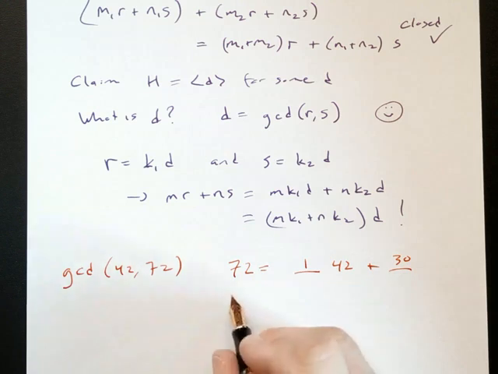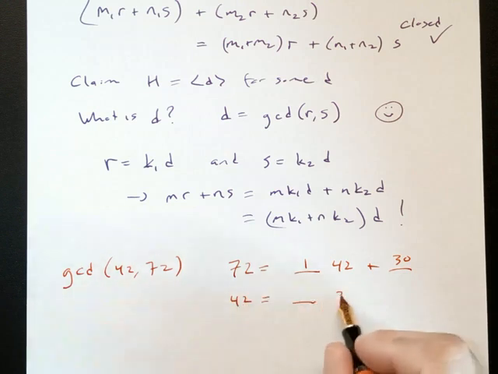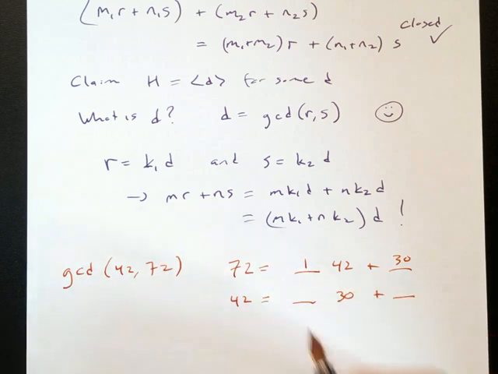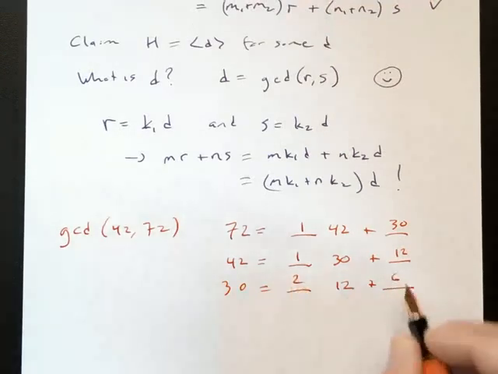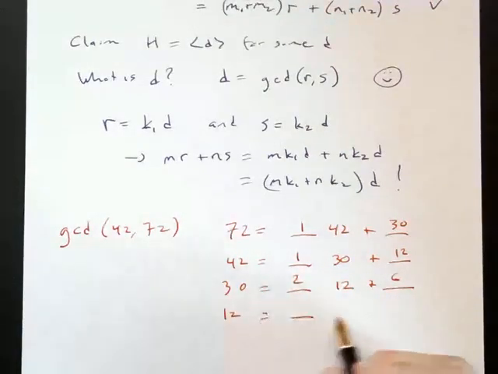Then you do 42 divided by 30 plus remainder. 1 30 with 12 left over. Iterate this process. How many 12s with what left over? 2 and 6. Iterate the process.